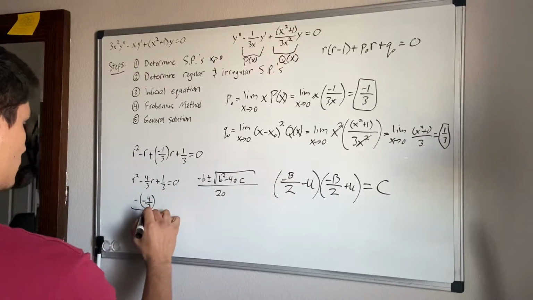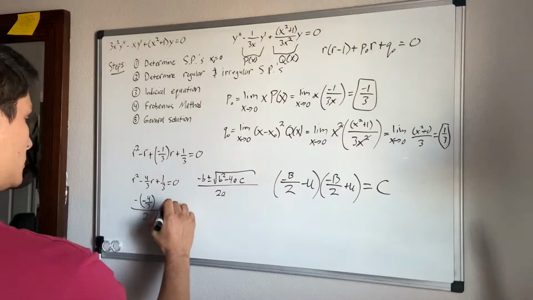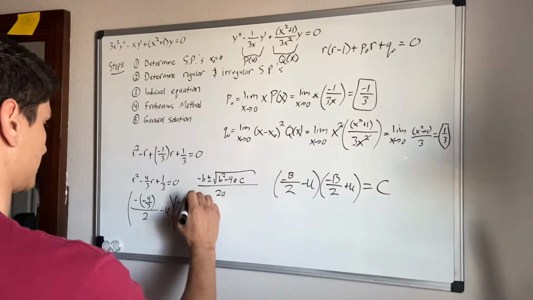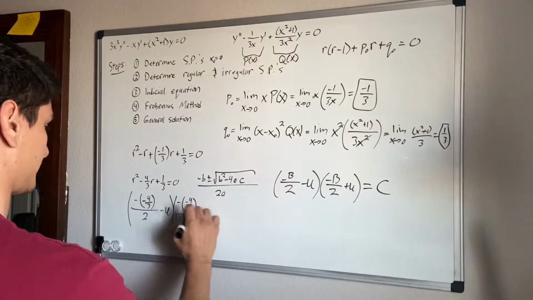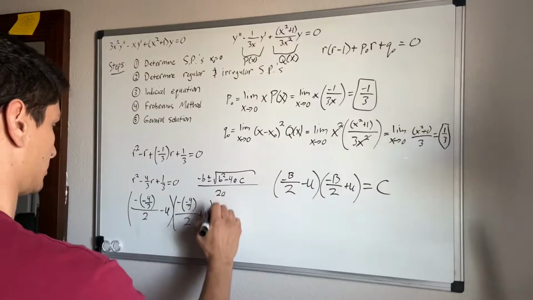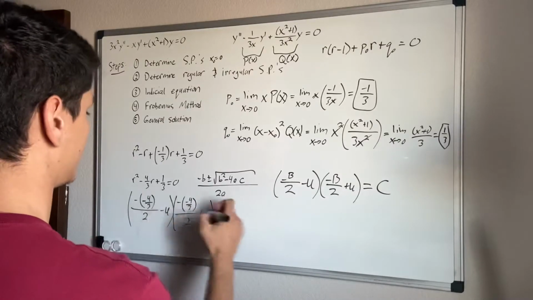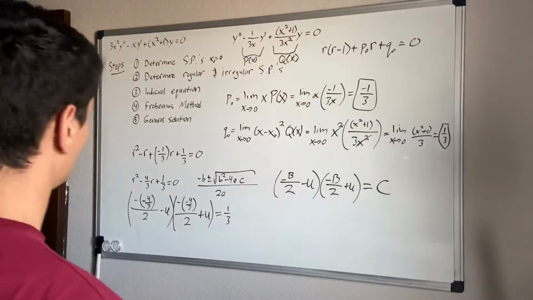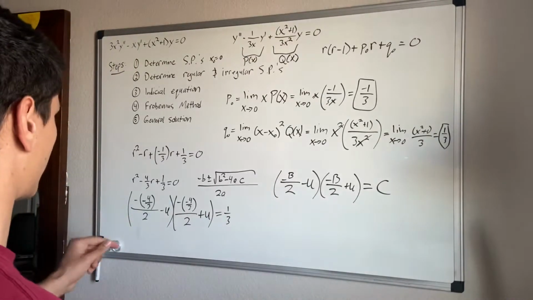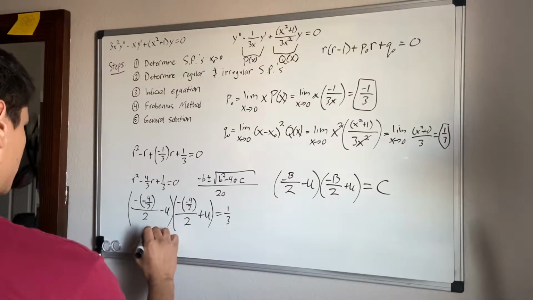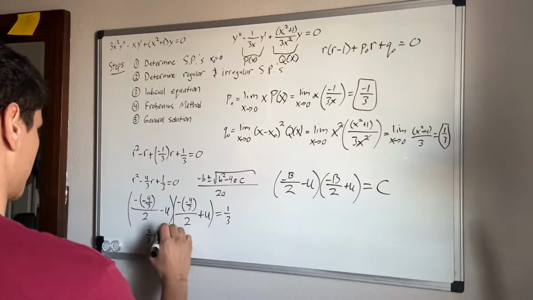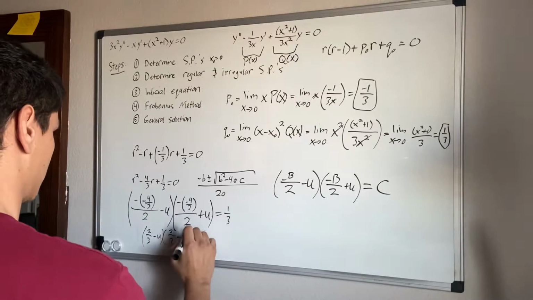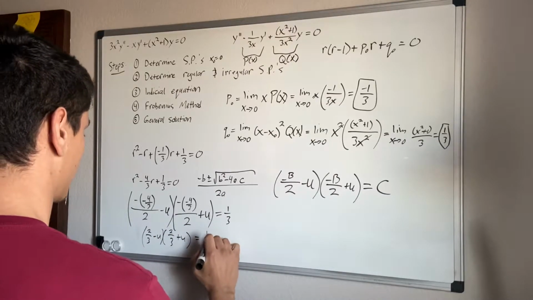Minus 4/3 over 2 minus u, times minus 4/3 over 2 plus u, equals c, which is 1/3. So minus 4/3 is going to be positive 4/3 divided by 2 is 2/3, minus u, and then 2/3 plus u equals 1/3.